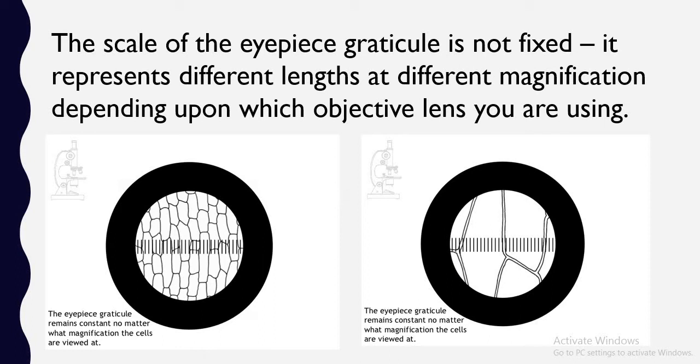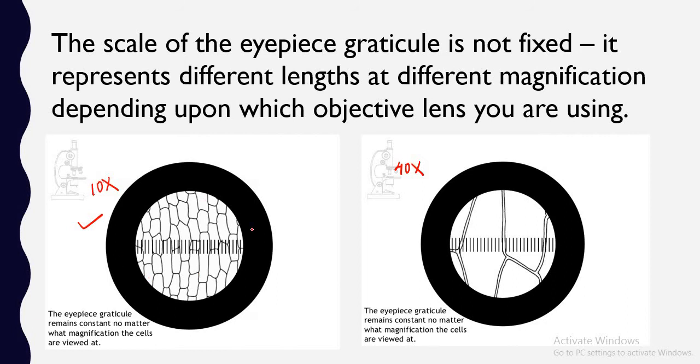When you change the magnification, the calibration also changes, which you can observe in the picture right here. This is a less magnified image, maybe 10x, and this is 40x. In 40x, you see the scale has changed. So now you need to calibrate it again. Whenever you change the magnification, you need to calibrate it each and every time, because the scale does not remain fixed.